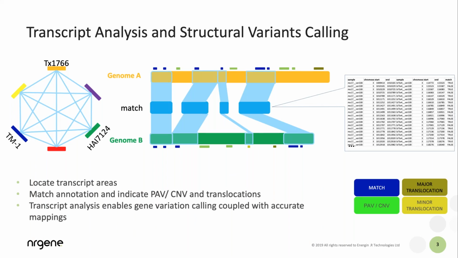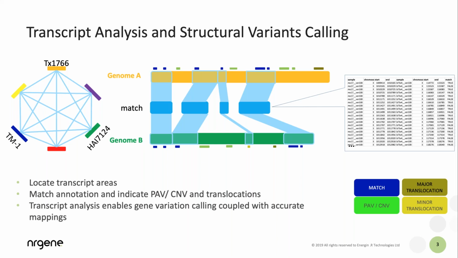This slide demonstrates a figure showing 3 genomes that can be aligned into a hypothetical plant genome, that pangenome, that is able to analyze and detect structural variation. Energene provides a holistic approach here.